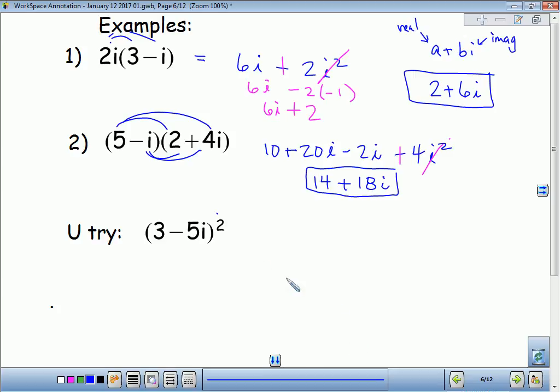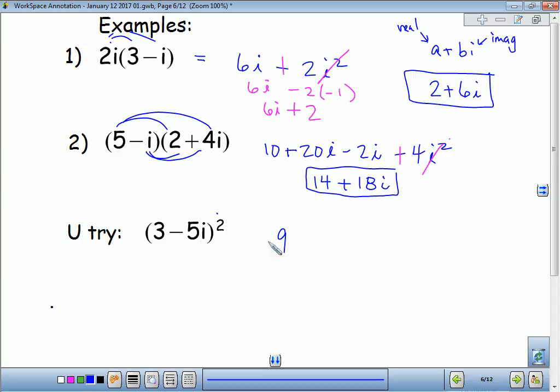Okay, the next thing we're going to do is square a complex number. So, just like before, when we squared a binomial, you can square the first, double the product, and square the last. So if we square the first, we get 9.